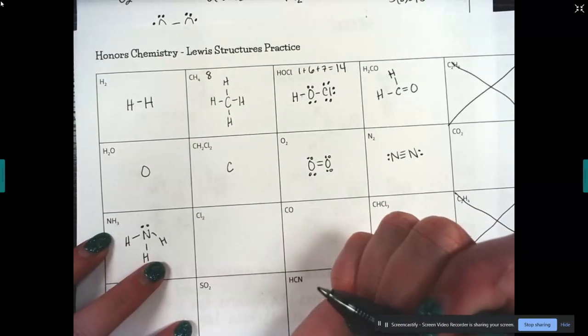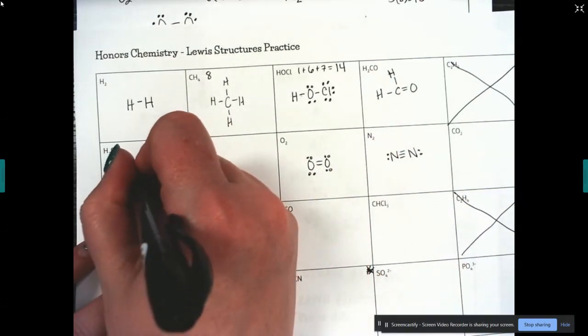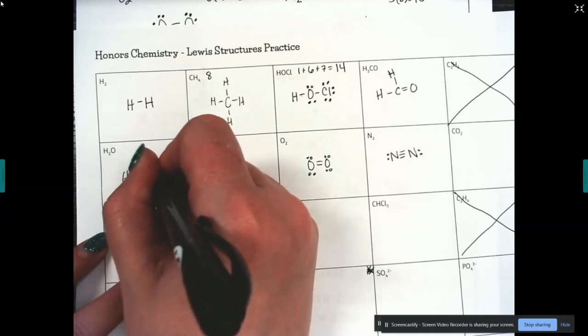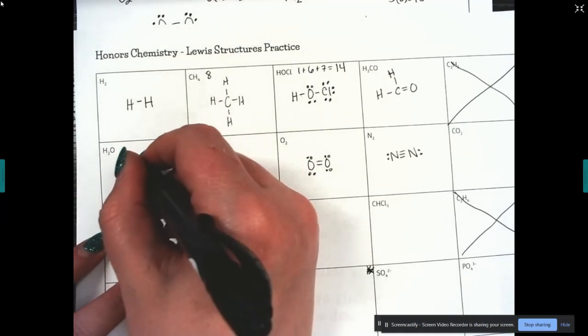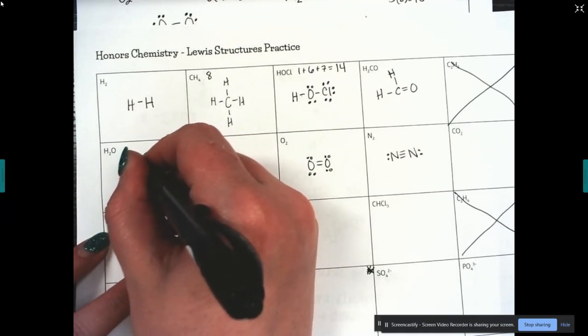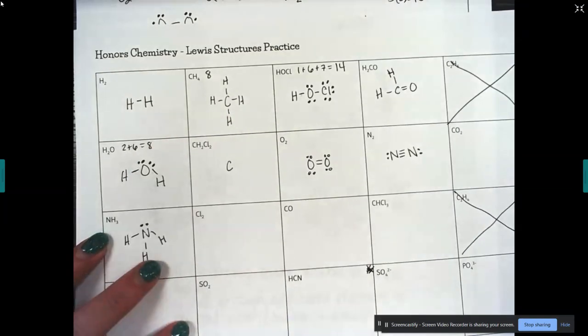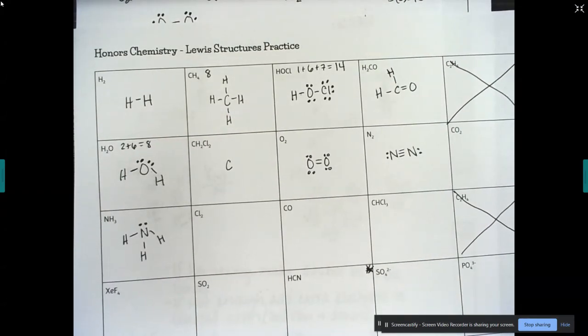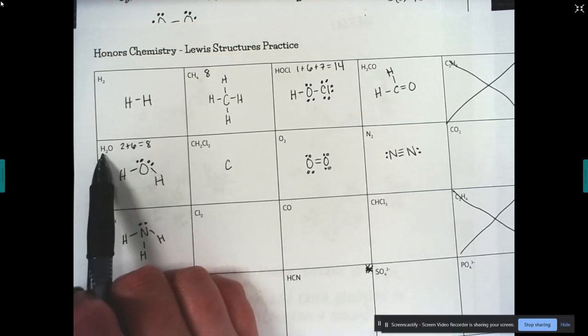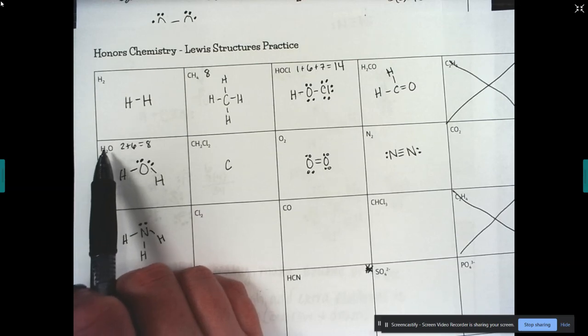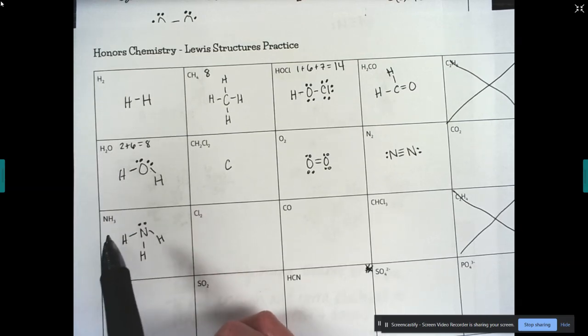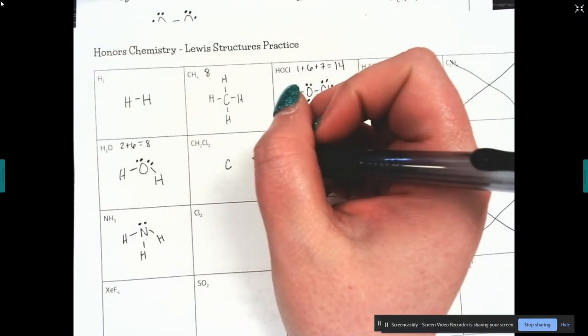So O is gonna go in your middle, and then 2 H's, and then you need 2 more sets of dots on the O. And so that's 2 plus 6, that's 8. 2, 4, 6, 8, yeah. It does, but then you've got the 1 from each of the hydrogens. Oh, okay. Yeah, no, you're good. Takes some getting used to do these.